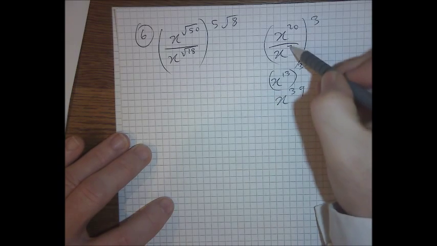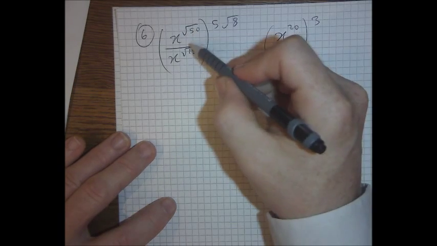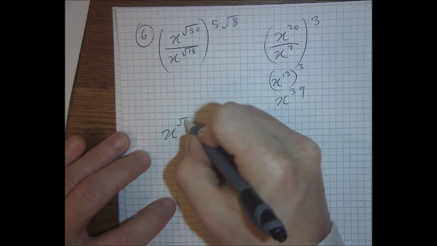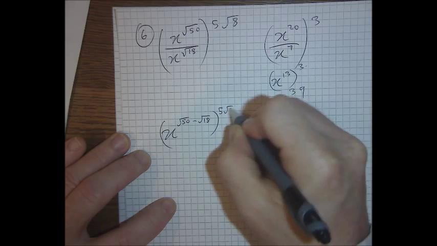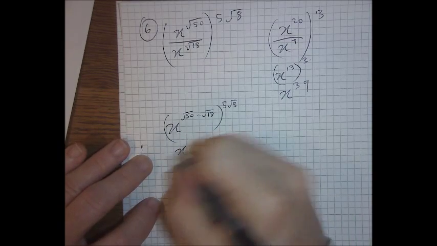So I subtract the 20 and 7. I therefore subtract those. I can simplify those.